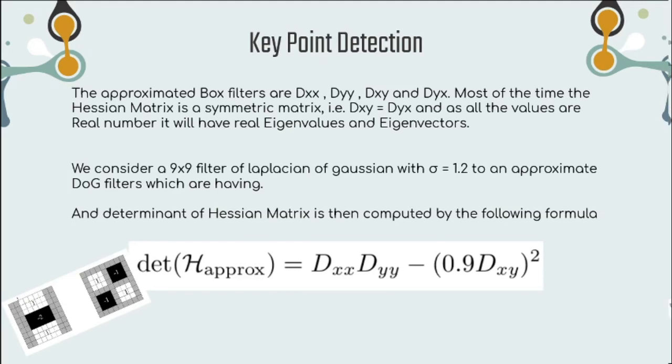As we have approximated the Laplacian of Gaussian filter with an approximate difference of Gaussian, we have some mismatches. Therefore, to account for this mismatch, we have modified the determinant of the Hessian matrix as dxx times dyy minus 0.9 times dxy, whole squared.